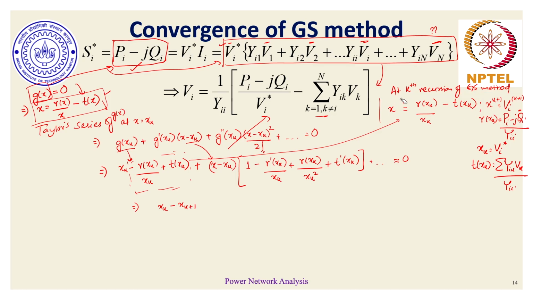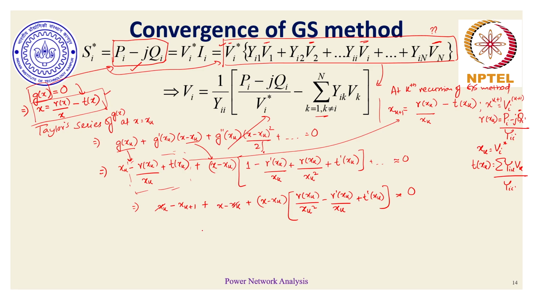Here it should actually be xk plus 1 plus x minus xk multiplied by, then I have plus x minus xk r xk by xk square minus r prime xk by xk plus t prime xk should be equal to 0. Xk and xk get cancelled here.